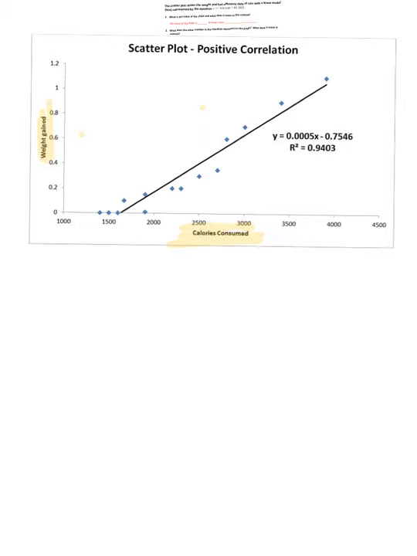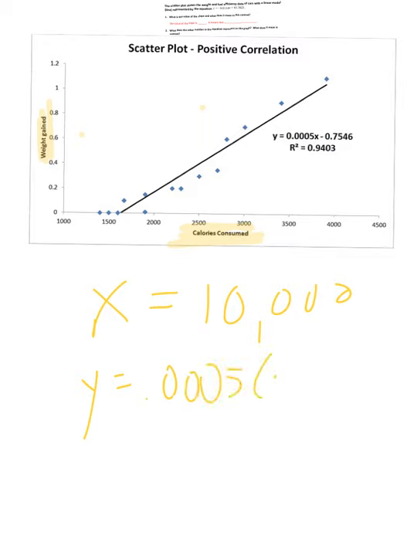Let's say, what's the weight gained if x were to equal 10,000? So what does that mean? 10,000 calories consumed. We're going to plug that into our equation. 0.0005 times 10,000 minus 0.7546.